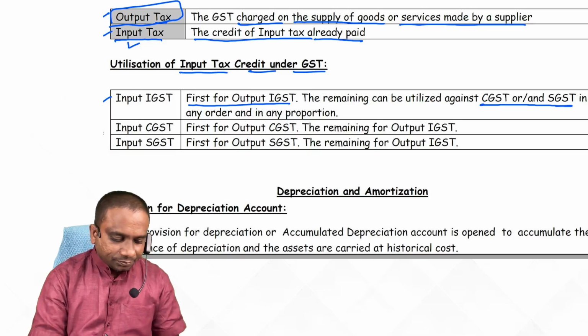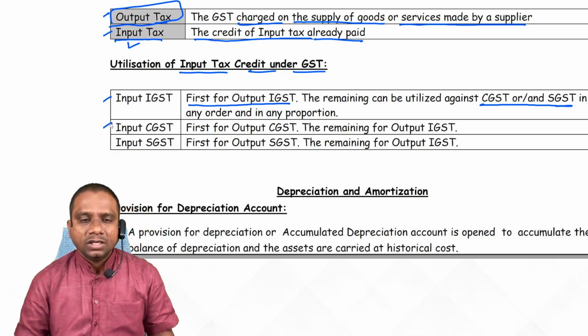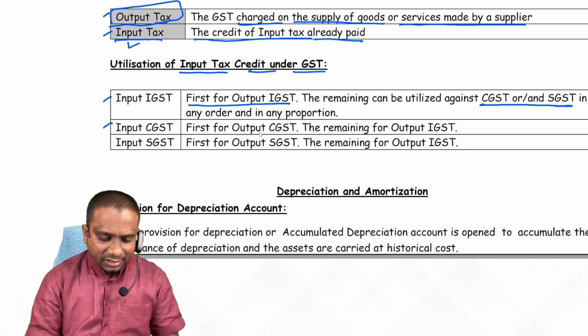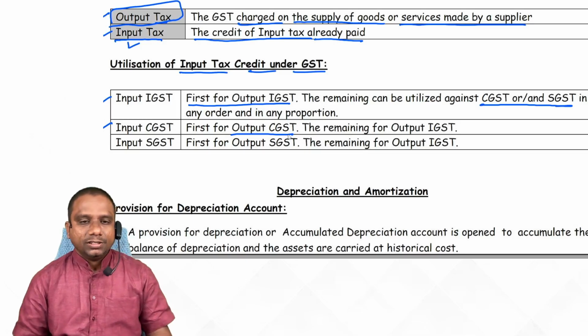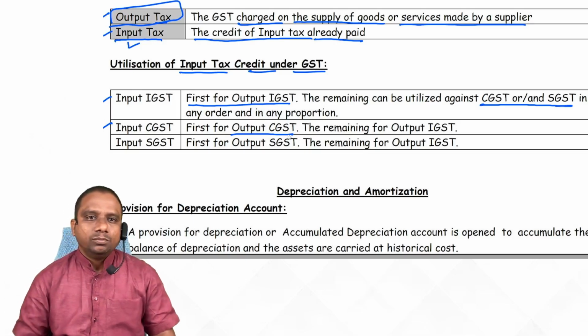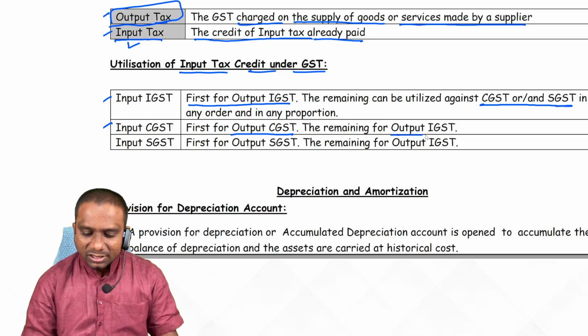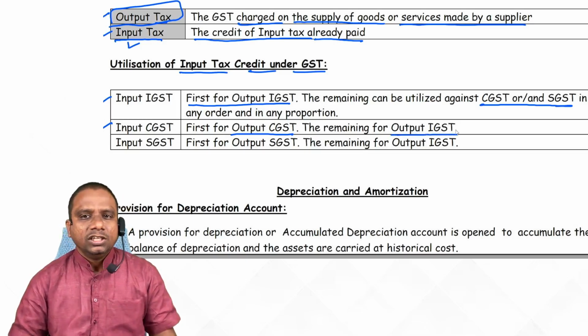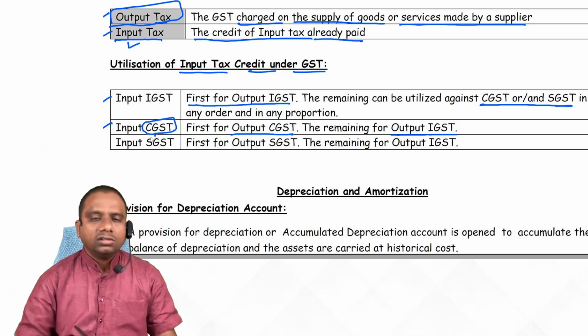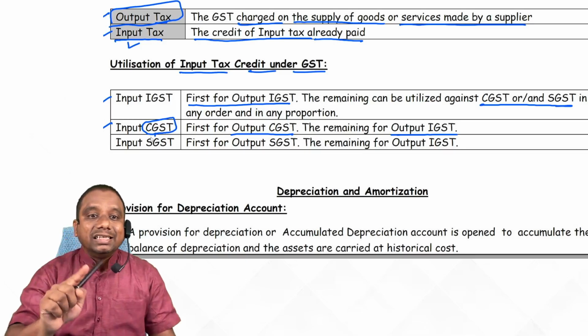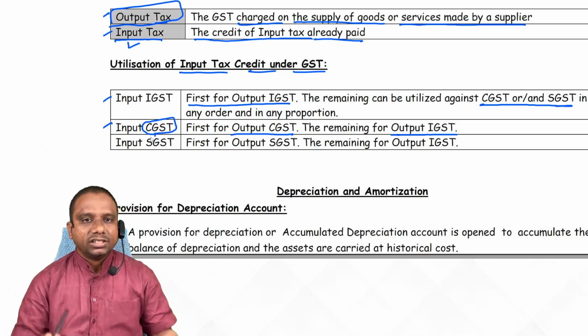Next, input CGST. This is first adjusted against output CGST. If you have left any amount in the input CGST, that can be adjusted against output IGST. The important point here: input CGST is not adjusted against SGST. Yes or no?